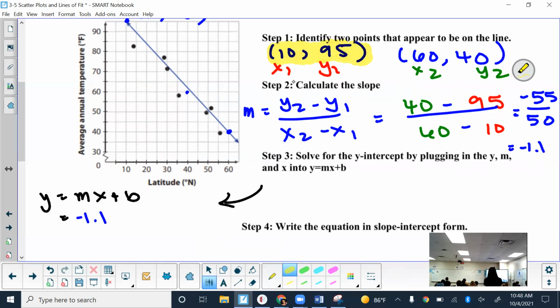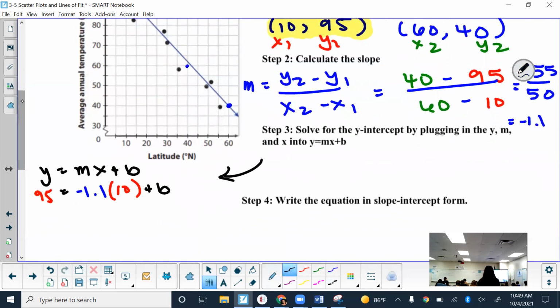So I'll use this one. Which one's my y? Good, so plug that in. My x is 10, and then plus b. And solve for b. Questions?